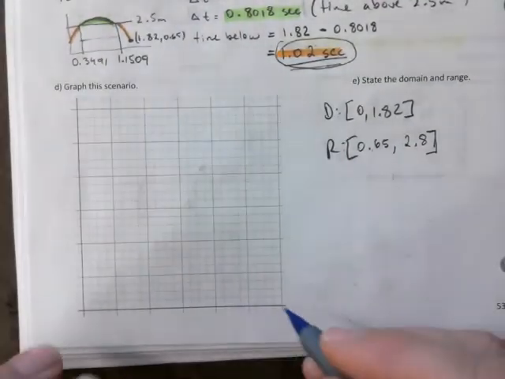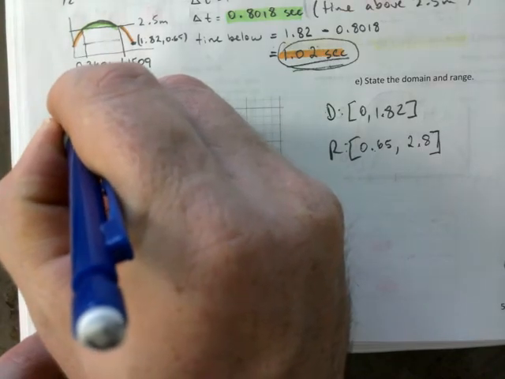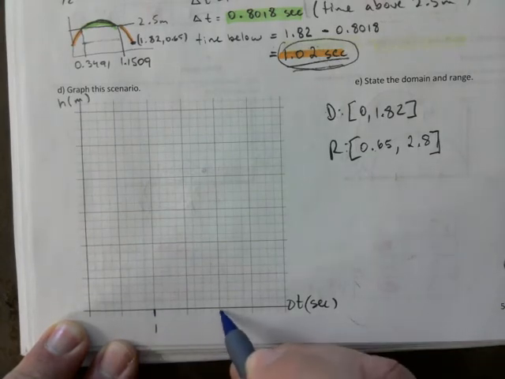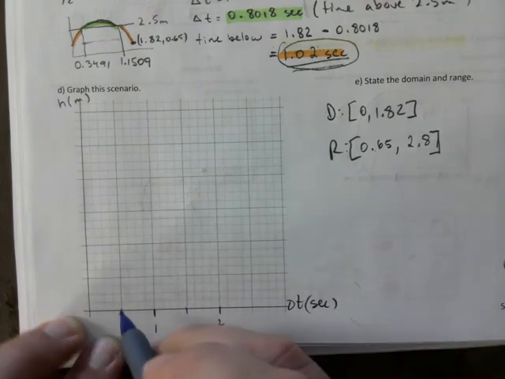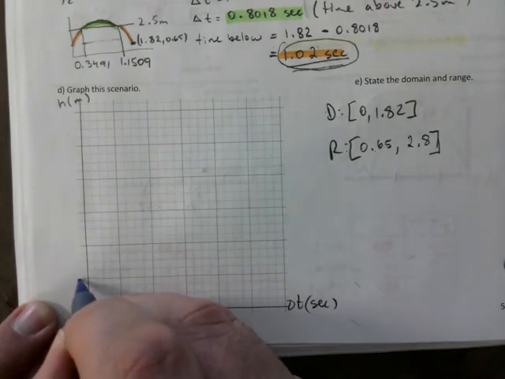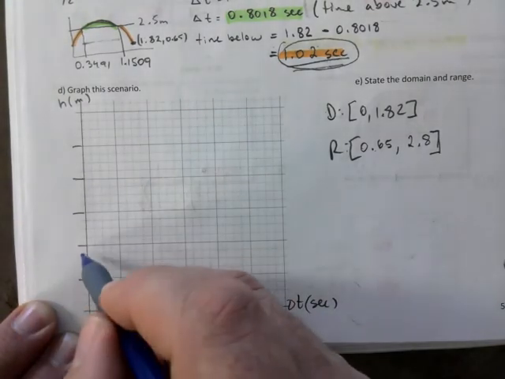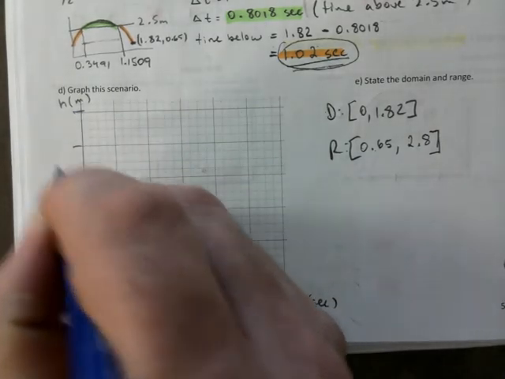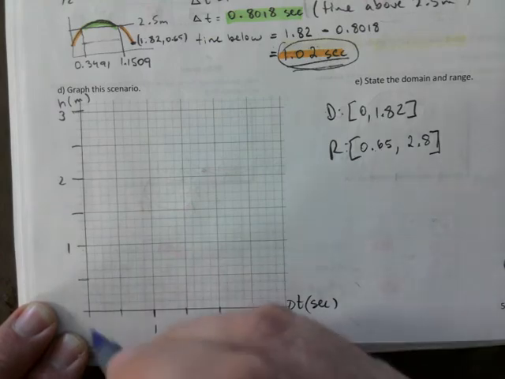And let's complete our graph here. Time in seconds, height in meters. And I'm going to go 1, 2 like this. I'm going to spread it. And the height is 2.8, right? So 1, 2, 3. Yeah, that works pretty good. I'm at 1.75.